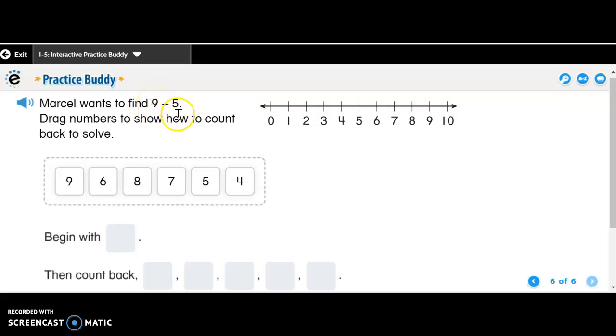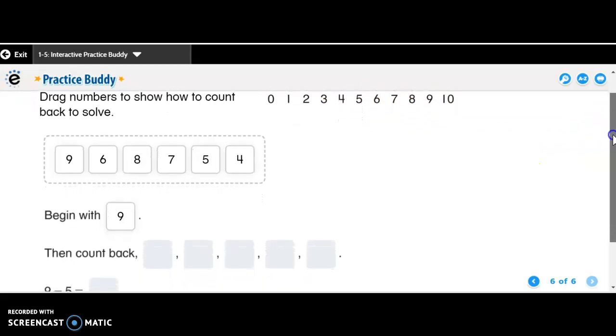So will I start at 9 or will I start at 5? I'm going to start at 9, okay? So I'm going to begin with 9. From there, I have to count back how many big jumps? 5. So I'm going to count back 1, 2, 3, 4, 5. So let's see what numbers I need to drag back.